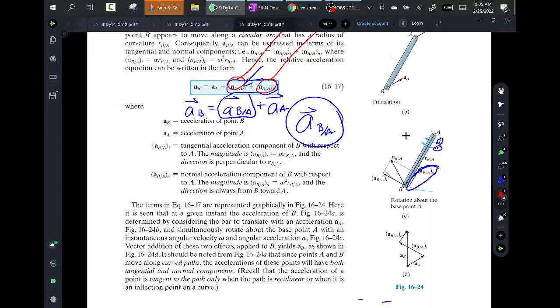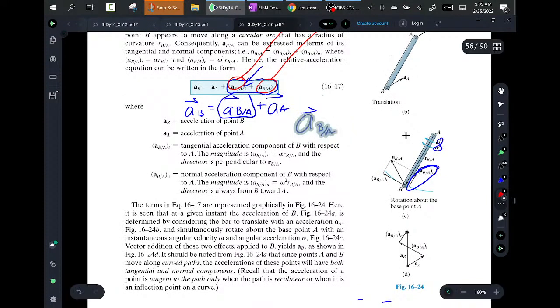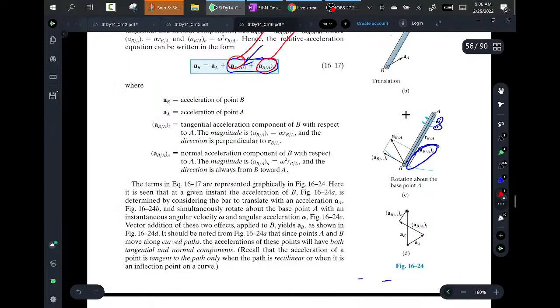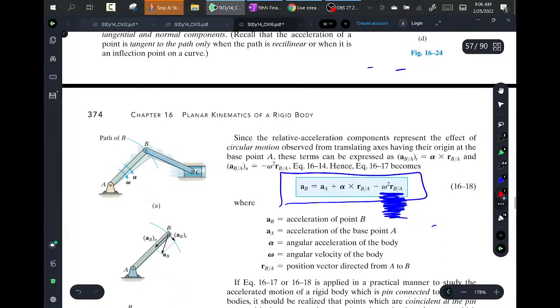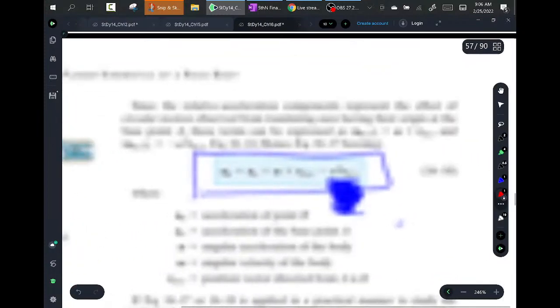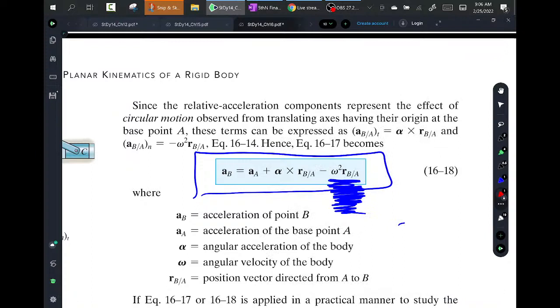As it turns out, the acceleration here, let me get rid of some of these terms, basically ends up being exactly like this. I think we talked about this in a previous lecture.